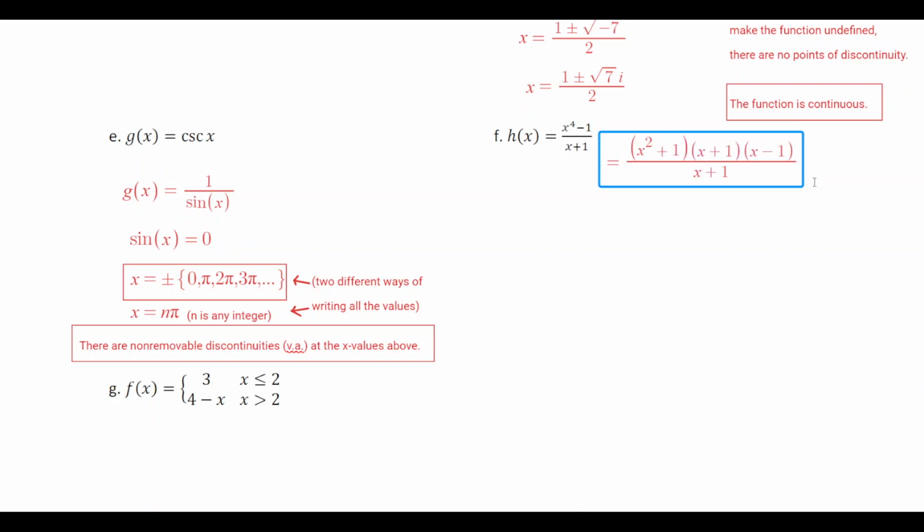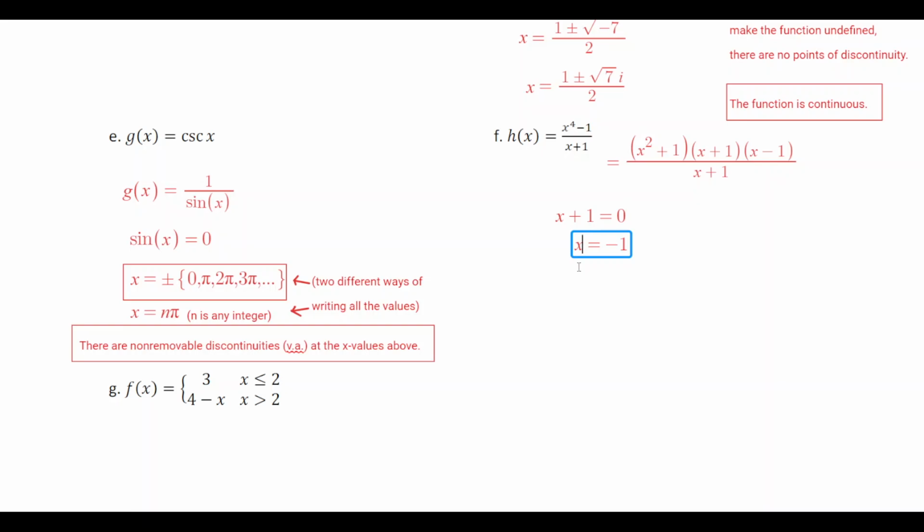And so we can verify here that because we have this factor on the numerator and the denominator that's the same, the value that would make the denominator 0 here also makes the numerator 0, and therefore is causing a hole in the graph. A hole means that the left and right-hand limits do agree, that they are equal.